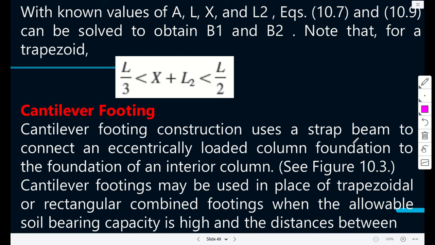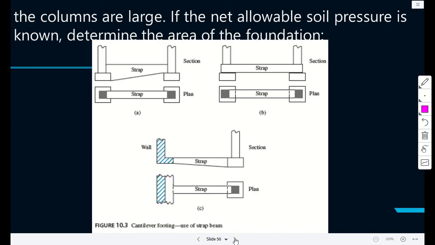So the strap beam connects an eccentrically loaded column foundation to the foundation of an interior column. See the figure. Cantilever footings may be used in place of trapezoidal or rectangular combined footings when the allowable soil bearing capacity is high and the distance between the columns is large. If the net allowable soil bearing capacity is known, determine the area of the foundation.